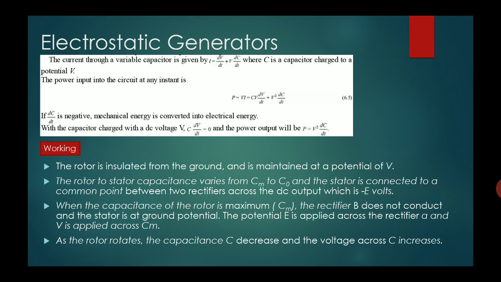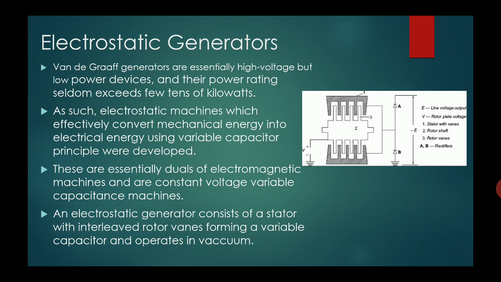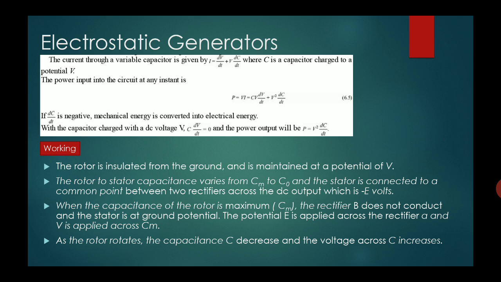When the capacitance of the rotor is at maximum, that is Cm, the rectifier B, shown in this figure, does not conduct, and the stator is at ground potential.